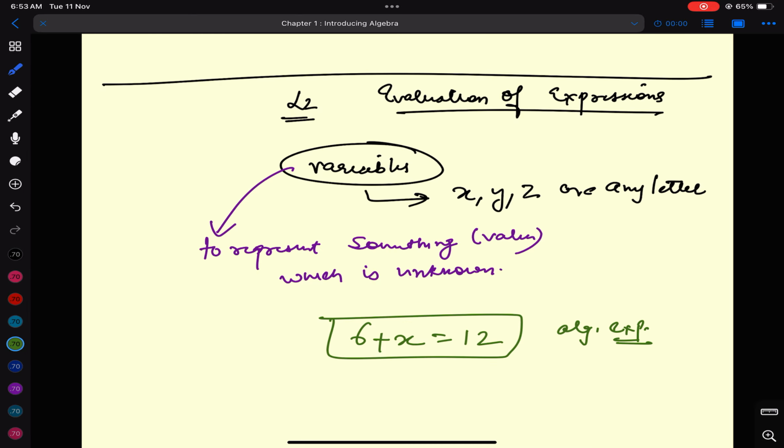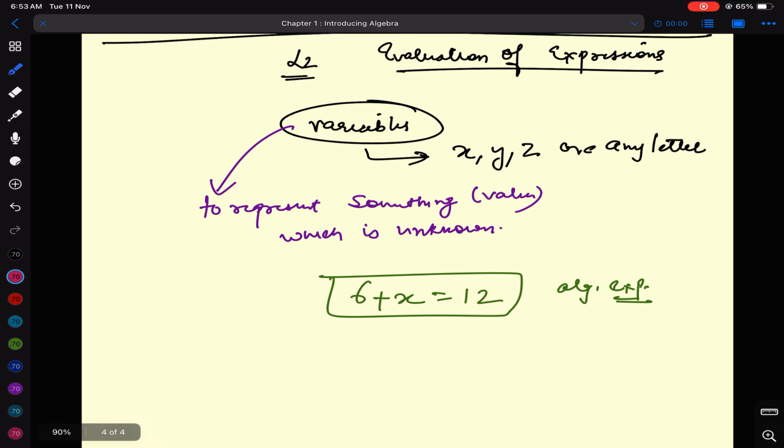So 6 is a constant, 12 is a constant, but what is x? x is a variable, and that represents the unknown quantity which we are supposed to figure out and make known. Correct? Now what should be added to 6 so that you get 12 on the right? I repeat, what should be added to 6 on the left so that I get 12 on the right?